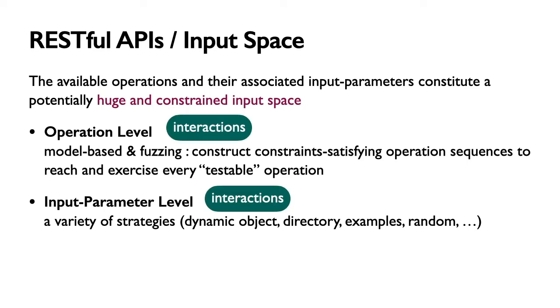However, these existing approaches do not take the interactions between operations or the interactions between input parameters into account. And although the constraints between operations can be appropriately handled, there is no approach that can automatically extract and handle the constraints between input parameters.